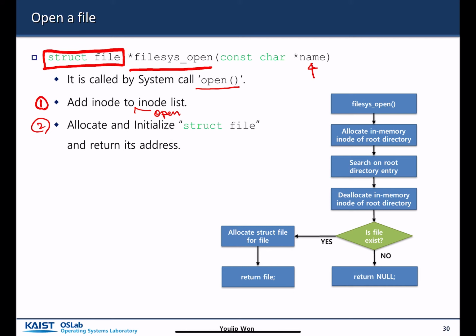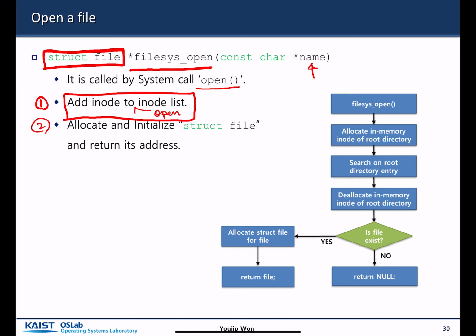For the first one, you have to first check if the file has already been opened by another open system call. In that case, you do not have to insert the same inode into the list twice. Instead, you just increase the reference count of the inode entry in the inode list.